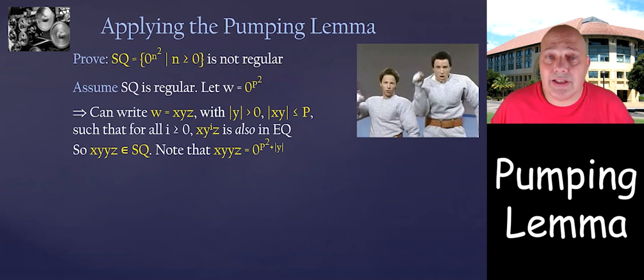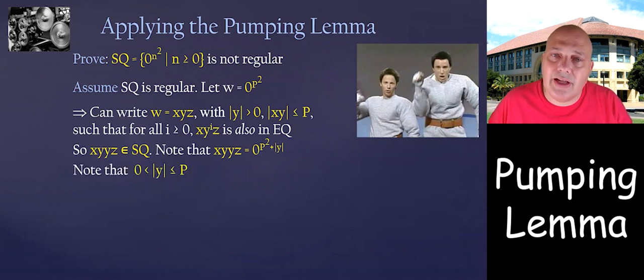So this means that x, y, y, z has to be in SQ. Now the length of x, y, y, z is p squared plus the length of y, because without the second y, the length was p squared. We added one y, meaning that the length now is p squared plus the length of y.